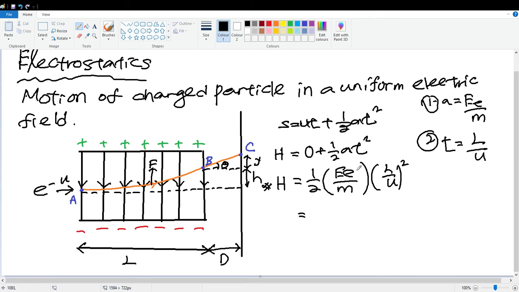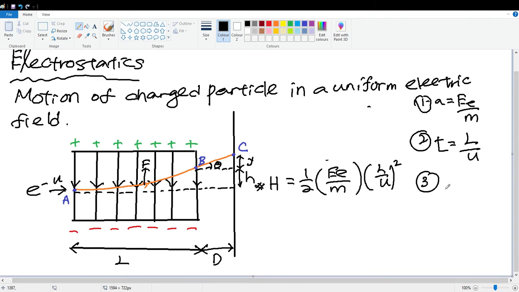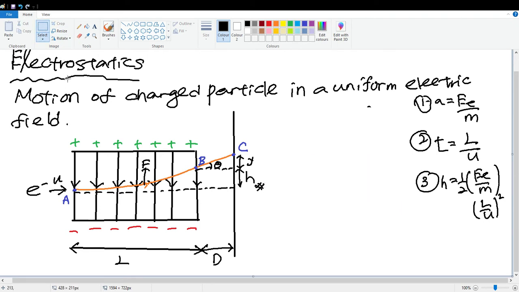So this is the third information, which is h. Let me just erase this one. Alright. So the third one we have here is h equals half times eE over m times (L over u) squared.